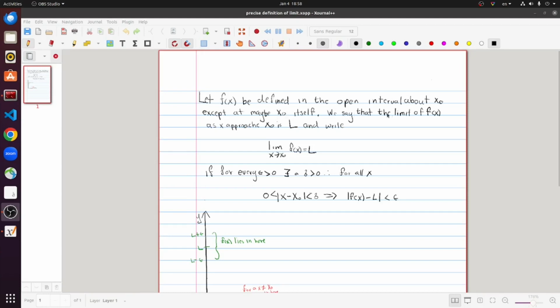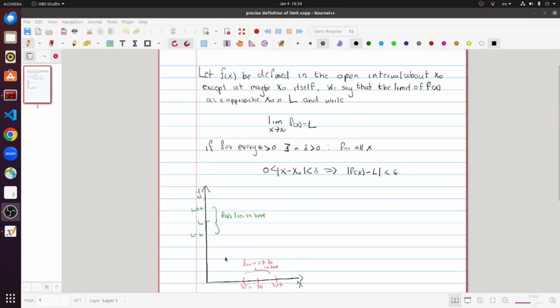We say that the limit of f of x as x approaches x0 is L, and write limit as x approaches x0 of f of x is equal to L, if for every epsilon greater than 0, there exists a delta greater than 0 such that for all x the following holds: 0 < |x - x0| < delta, and |f of x - L| < epsilon.